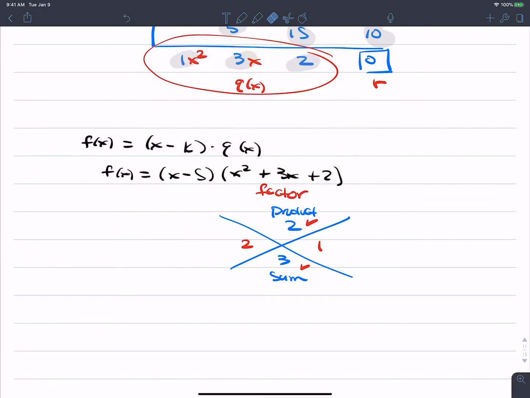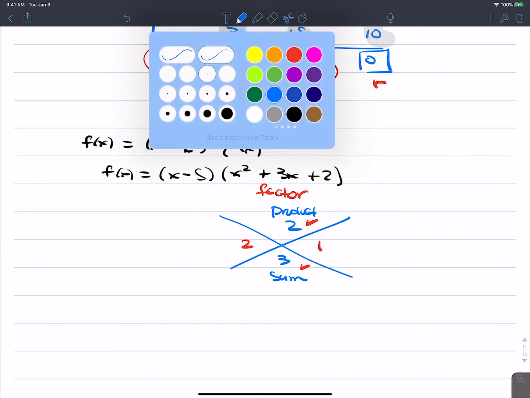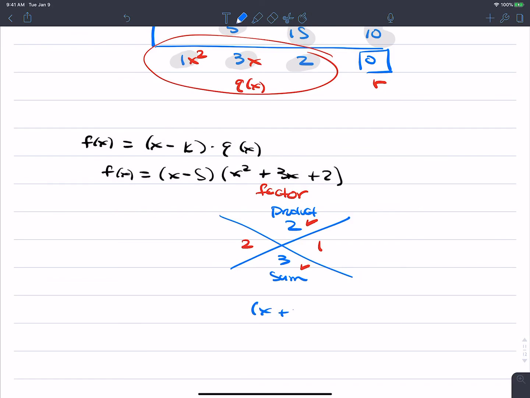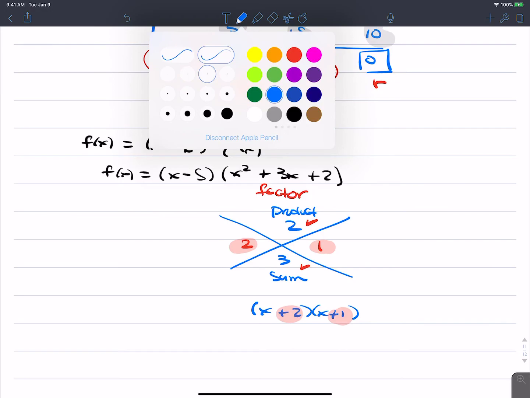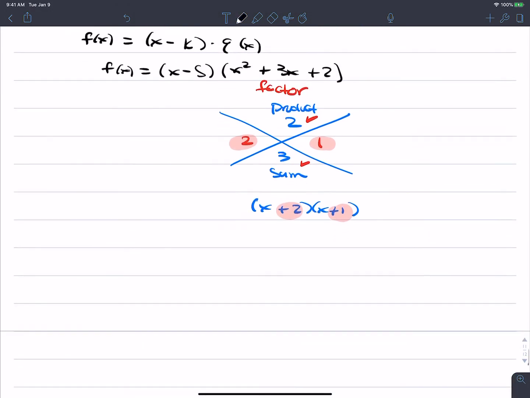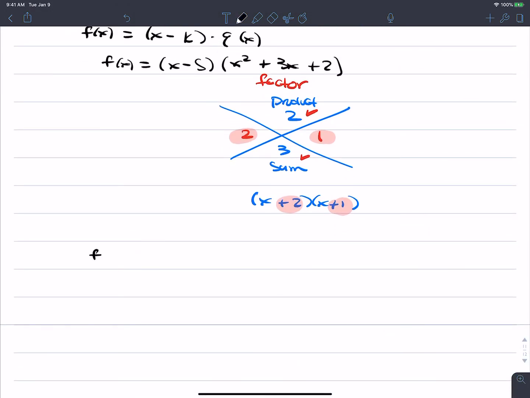Okay, here's what this is. X plus 2, x plus 1. Remember, these are the values. So altogether, our function is x minus 5 times x plus 2 times x plus 1.